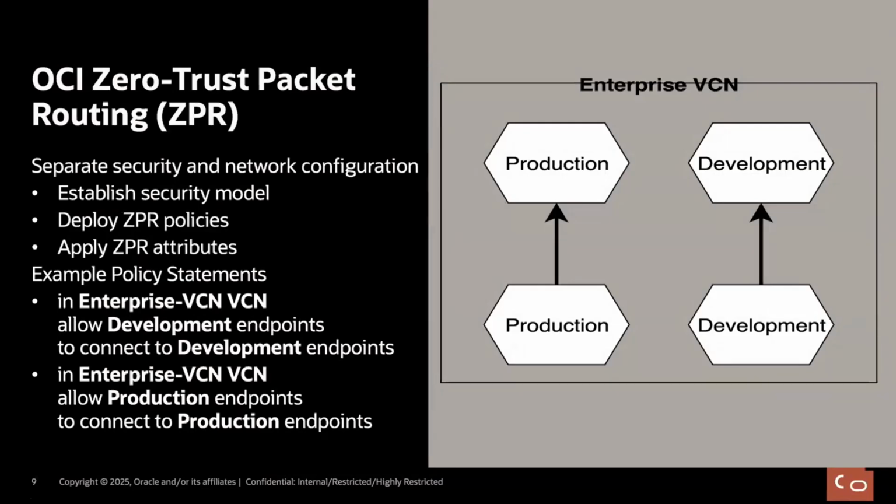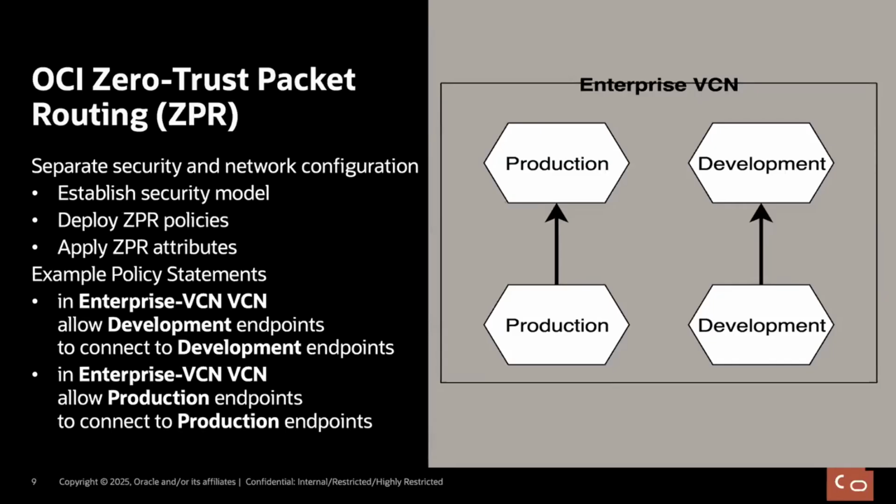There's one last thing I'd like to talk about. Oracle, at the last AI World, made a big announcement around zero trust packet routing. Those of you who have played with Oracle VCNs know that getting your routing rules and your network security groups all set up correctly can be complicated and difficult.